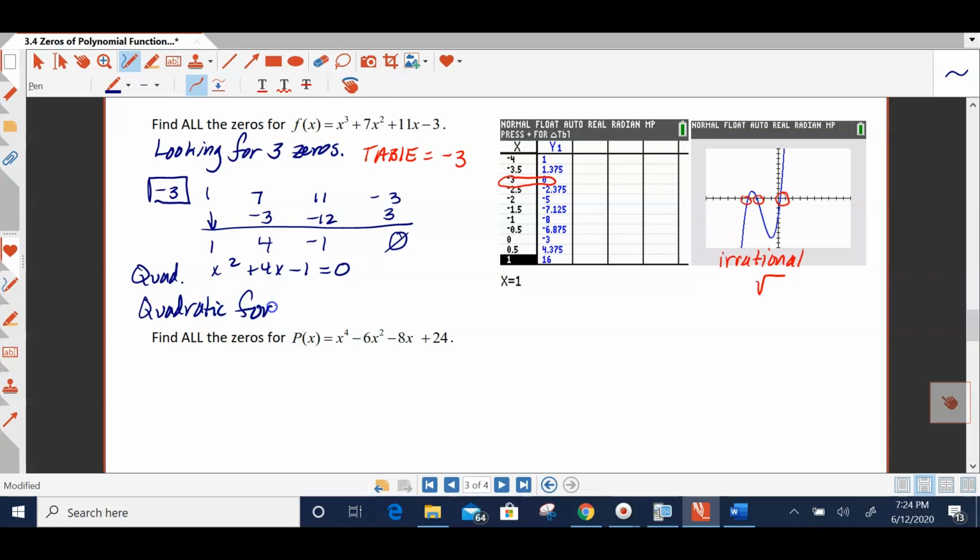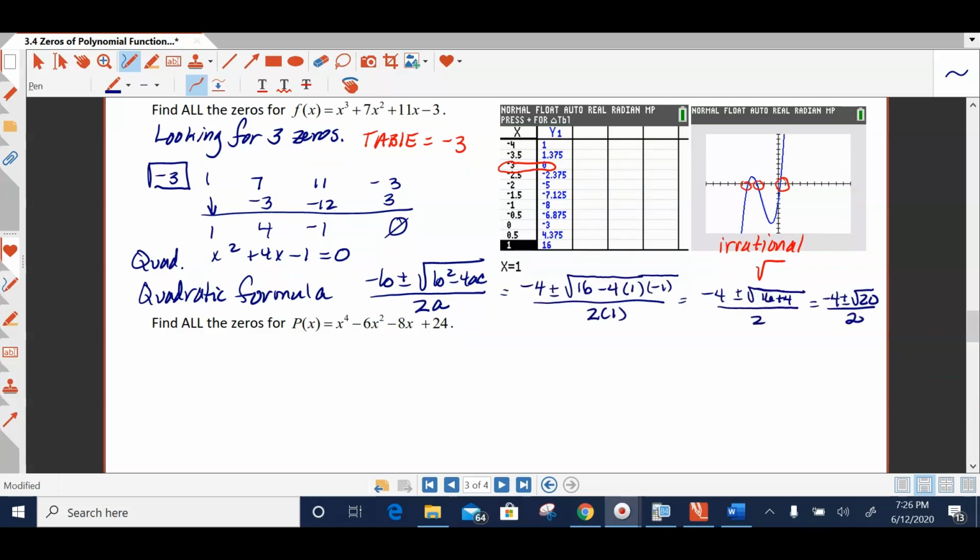And you can use the quadratic formula on those that do factor. So recalling the formula, negative b plus or minus the square root of b squared minus 4ac, that whole quantity divided by 2a. Why don't you pause it, try your luck with the quadratic formula, see what you get. So by using the quadratic formula, I've got all the steps here.